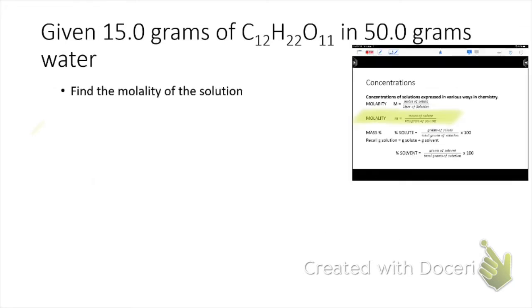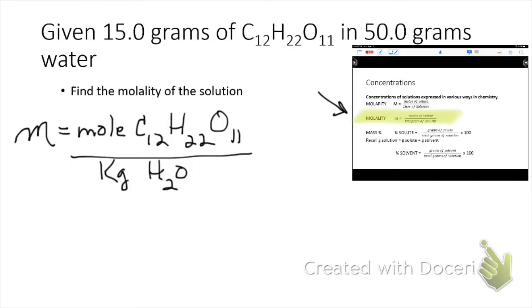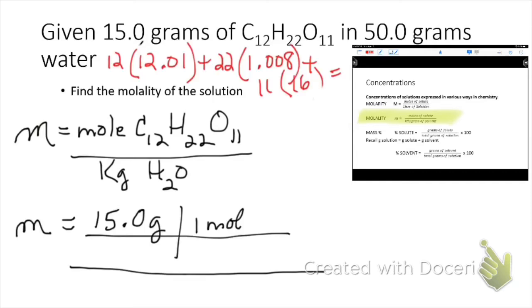So our next question, we have the very same information, but we're being asked to describe this concentration in a different unit, the molality. And molality, as we see here, is moles of solute over kilograms of solvent. So we're separating the two components of the solution. So for this example, we want moles of the sucrose per kilogram of the water. So for moles of the sucrose, we're going to calculate our molar mass, shown up here, and that gives us 342.30 grams per mole.